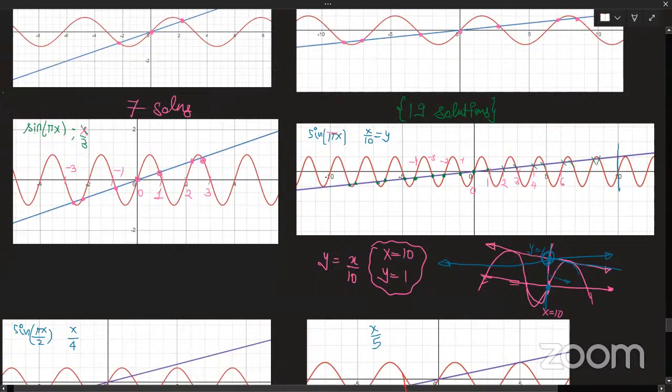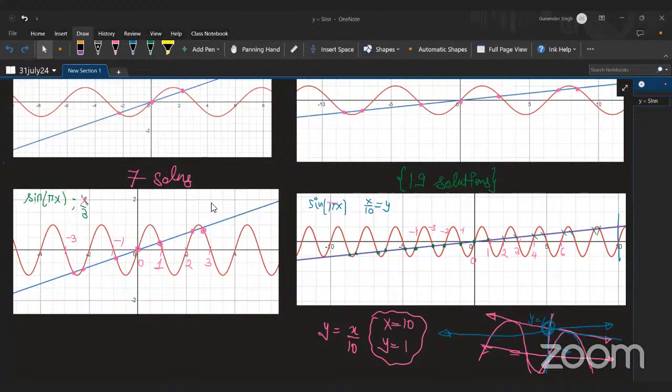So there is no chance that it can intersect this sin x curve. Did you get it? पूछ लो, कोई डाउट है तो. See, it is logical.